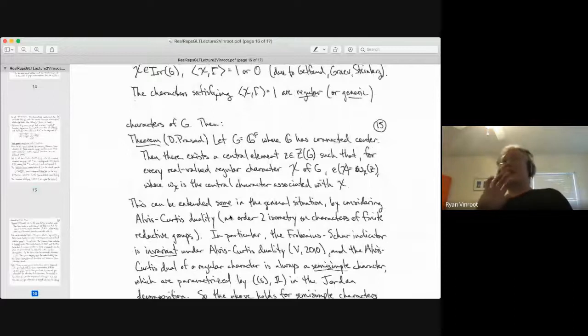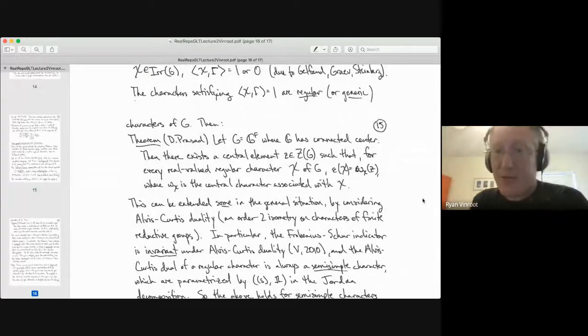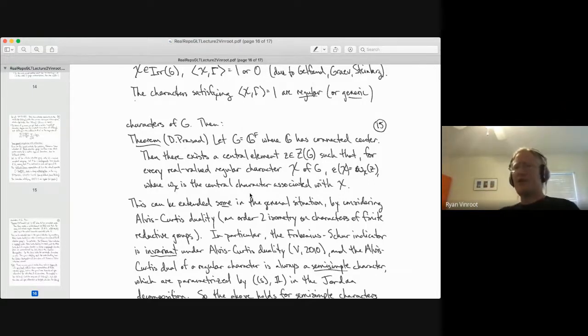Now, geometrically, we can extend this property to some other characters. There's something called the Alvis-Curtis duality on irreducible characters of finite reductive groups, which is an order 2 isometry.